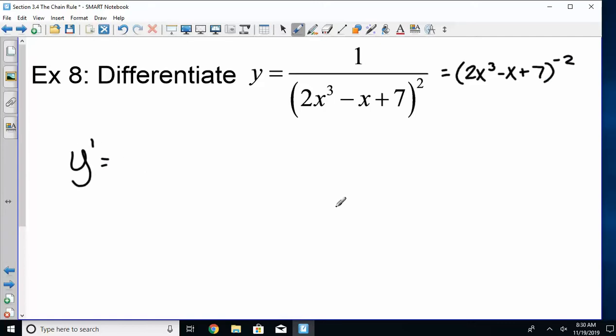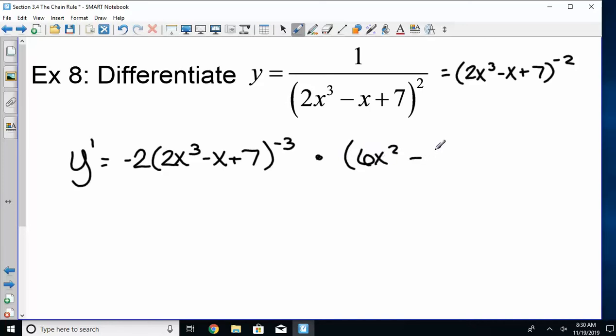So the derivative. Derivative of the outside. So the outside is that negative 2. So the negative 2 comes down. Inside stays the same. Subtract 1 from the power. Negative 2 minus 1 is negative 3. Times derivative of the inside. Derivative of 2x cubed is 6x squared, minus derivative of x is 1.